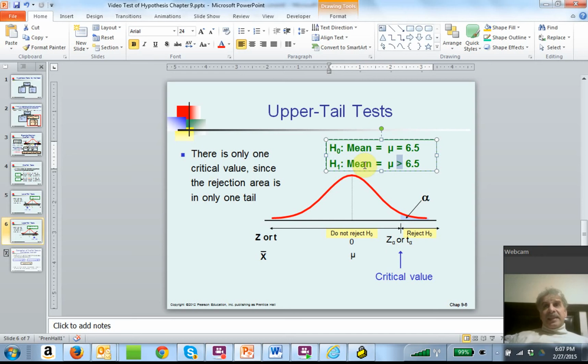On the other hand, if they want to establish that mean is more than a certain value, then you know you have one tail and it's going to be the right tail. In some other cases, maybe they want to establish that mean is less than some number, then that would be the left tail. So these four issues are very important to consider when you're dealing with test of hypothesis.